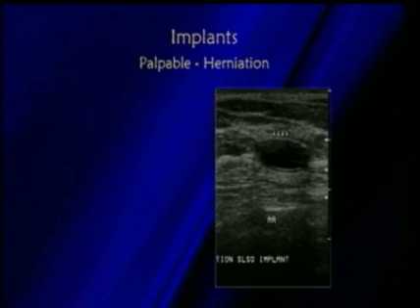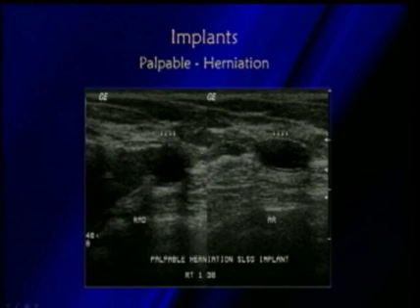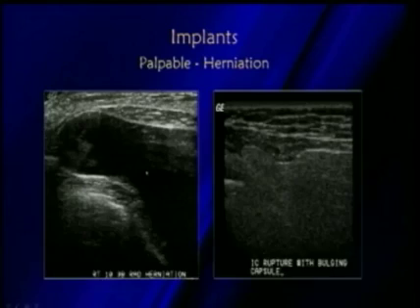This is a patient also that had a palpable abnormality that was herniation of the implant, and scanning this at first, somebody thought that there was a cyst in this area, but when you elongate this out, this is the implant. Normally it should stop right at this area here, but this is disruption of that capsule, and you can see herniation of the implant through the capsule. So make sure that you scan it in 2 different planes. This was an anti-radial, this was a radial scan, just showing you that herniation of the implant through the capsule.